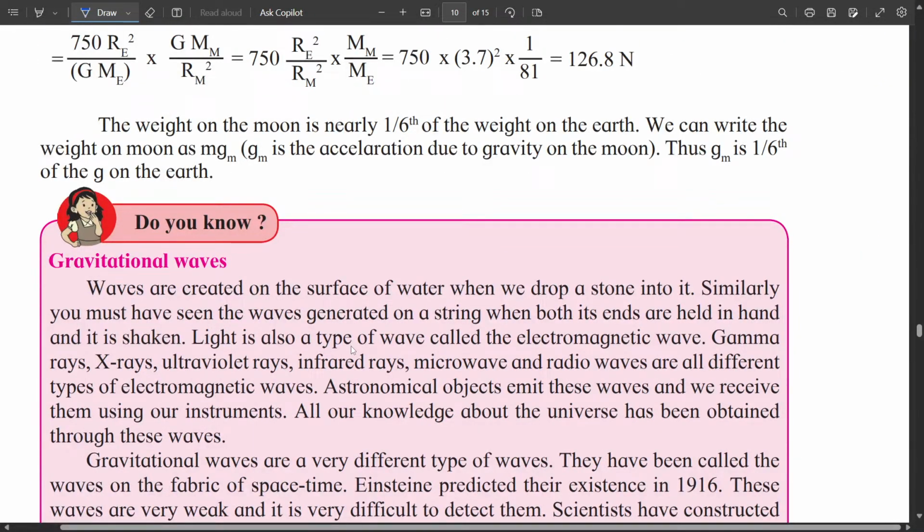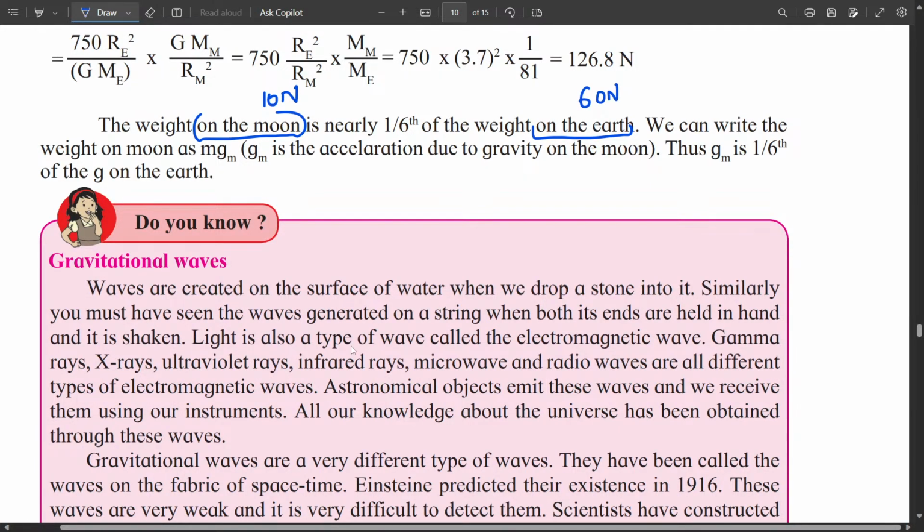The weight on the moon is nearly 1/6 of the weight on the Earth. So if some object weighs, let us say, 10 Newton on the moon, its weight on Earth will be 60 Newton.